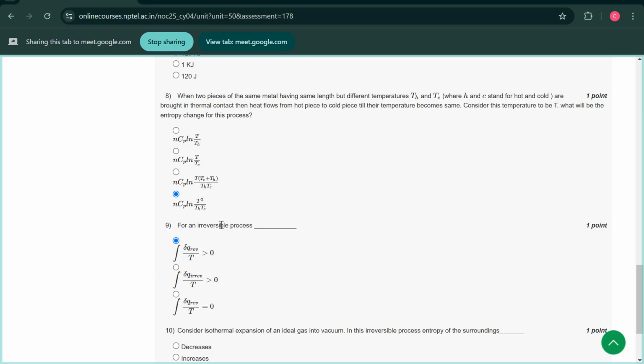By definition, this is one of the principles of the second law of thermodynamics. For an irreversible process, entropy change will always be above zero. It cannot be equal to zero in an irreversible process. Only for a reversible process is the entropy change zero for the universe. Delta Q reversible by T is entropy, and it is going to be more than zero for an irreversible process.